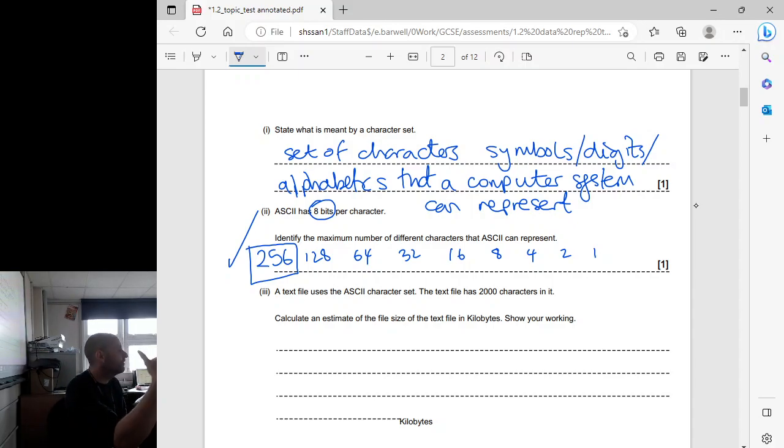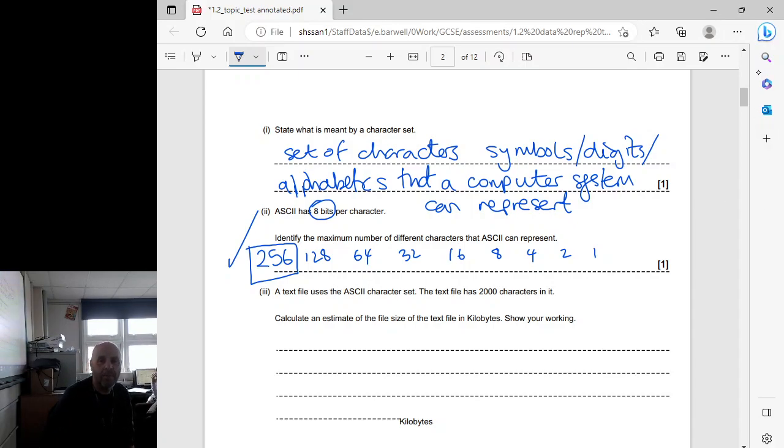If they'd said a character set uses 5 bits, I'd go 1, 2, 4, 8, 16, and I go, haha, 32, next one along. That's all you've got to do. No maths. They're always going to be answers divisible by 2, as a double check. Someone put 257, which was a bit of a shame because they were pretty close. They realised there was a +1, but they added 1 to the answer.